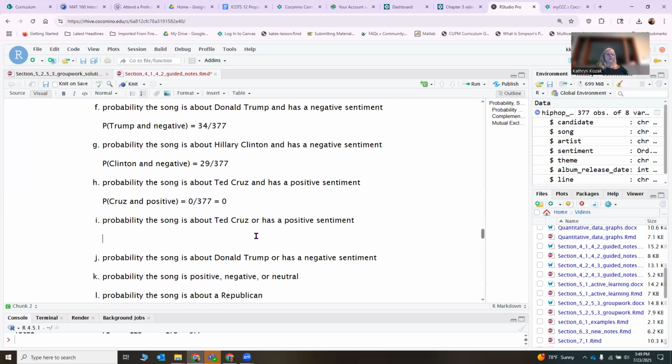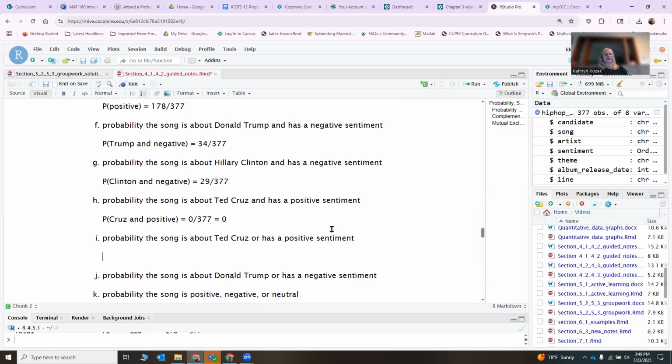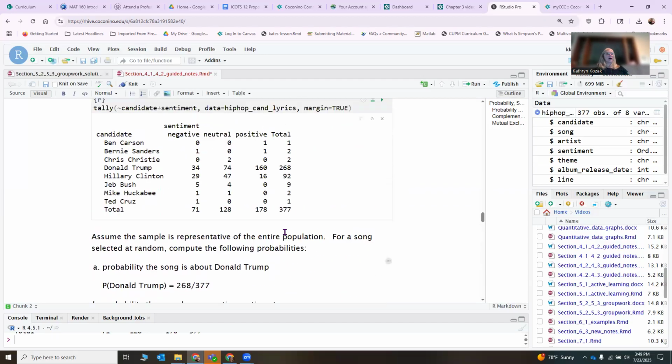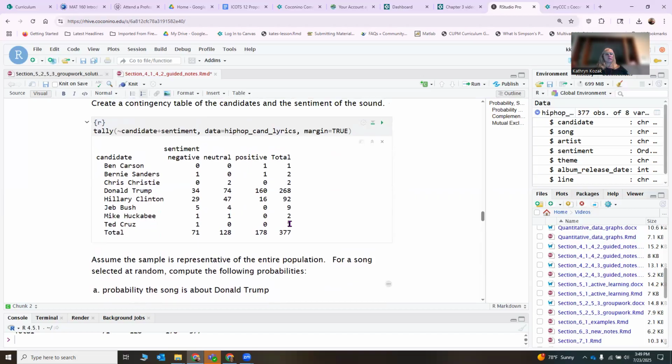So now what I like to do is find the probability the song is about Ted Cruz or has a positive sentiment. So now let's think about what or means. Or means one or the other or both could happen. So it could be about Ted Cruz. There was one song that was about Ted Cruz.